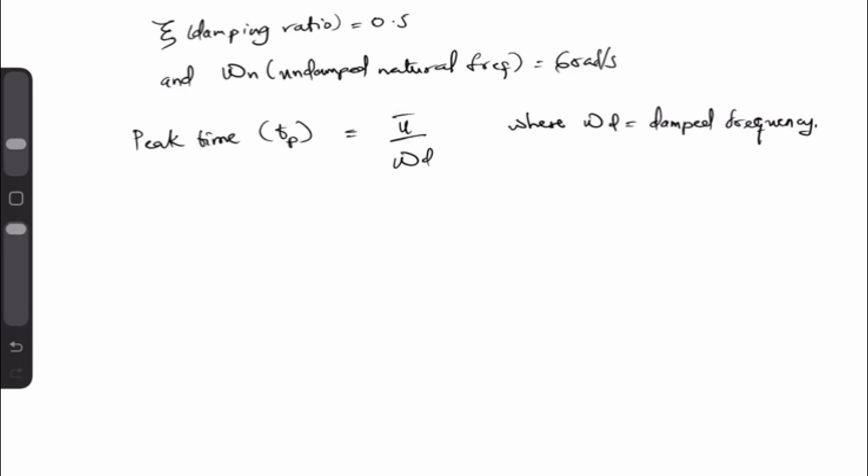But in this question, we only had omega n, the undamped natural frequency. But omega d is equal to omega n multiplying the square root of 1 minus zeta squared.